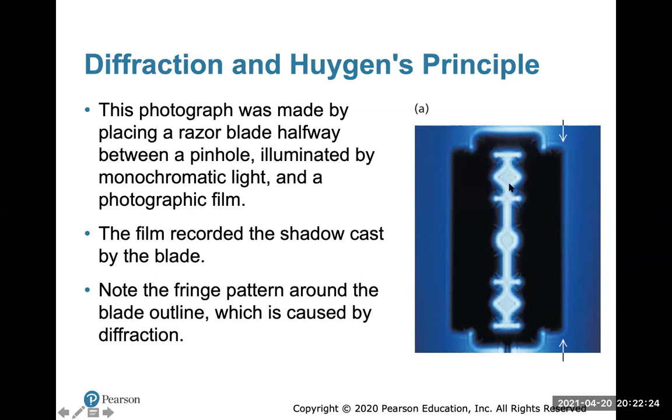And there are actually lines that show up in the bright areas. I guess this is a razor blade with a manufactured opening in the middle, an aperture of sorts. But there are these blur markings all the way around.